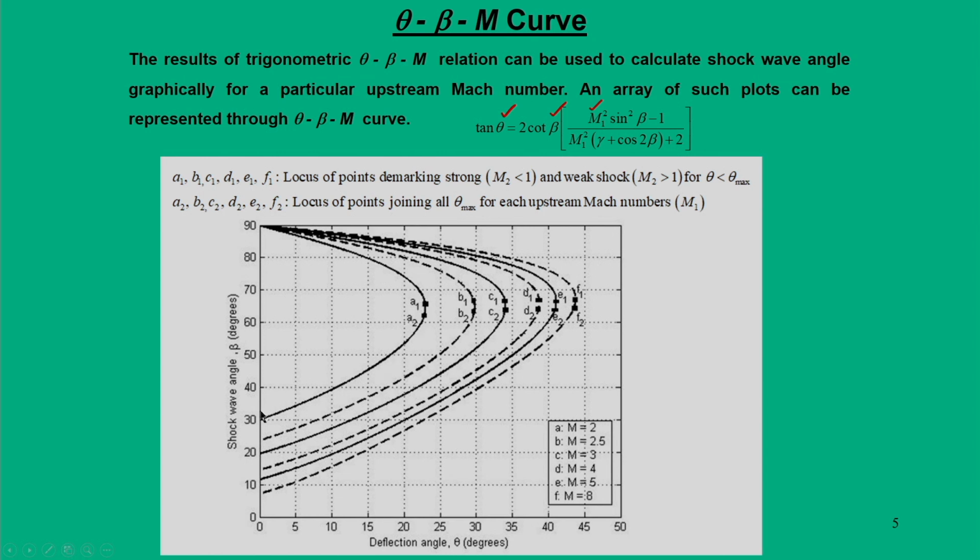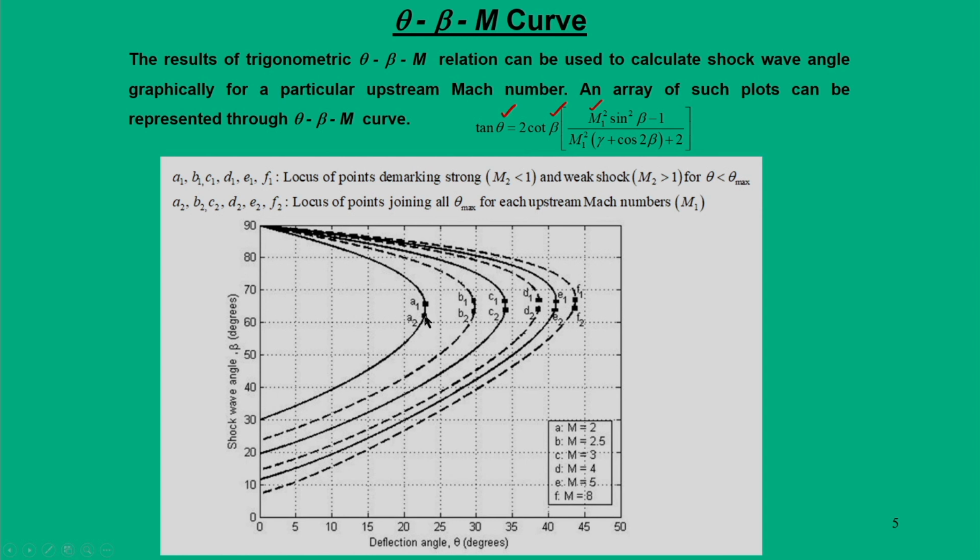This is drawn for different flow deflection angles, and there is one particular point we cannot extend, maybe something like 22 or 23 degrees. Beyond this, there is no oblique shock solution, because there is no solution on this curve. So, that is one category.